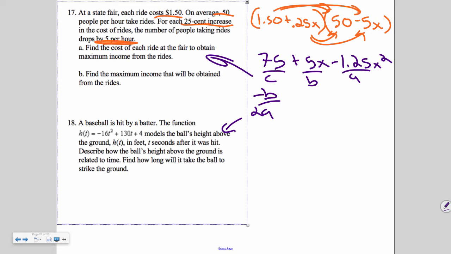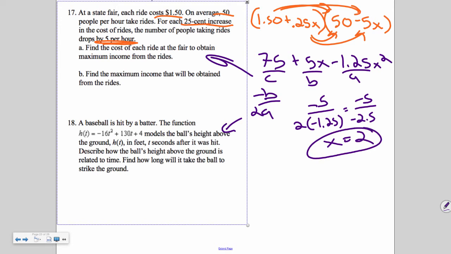So negative 5 divided by 2 times negative 1.25, which is negative 5 divided by negative 2.5, which is 2, which means I'm going to change the price twice. So if I change the price twice, that's 1.50 plus 0.25 times 2, which is $2.